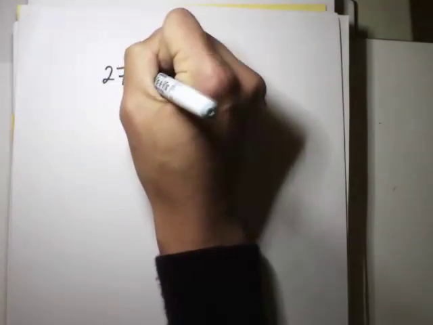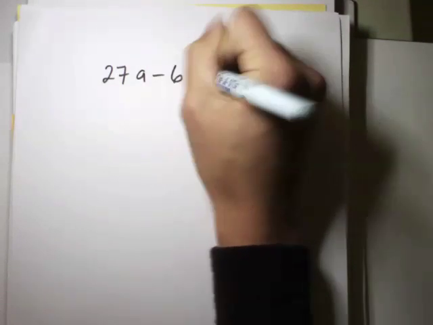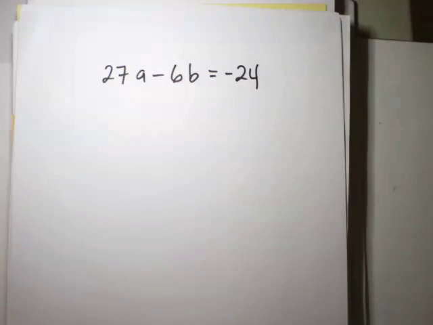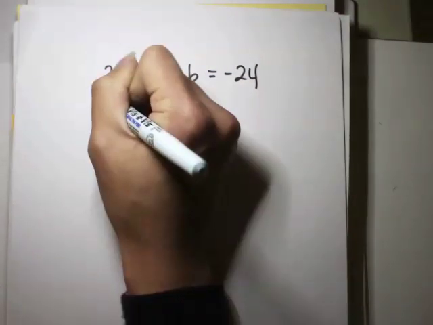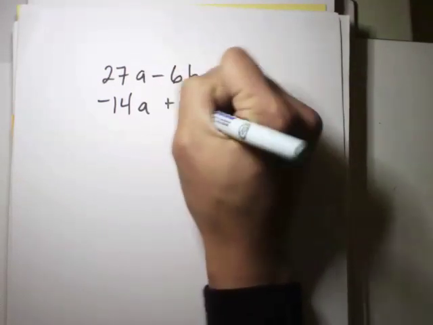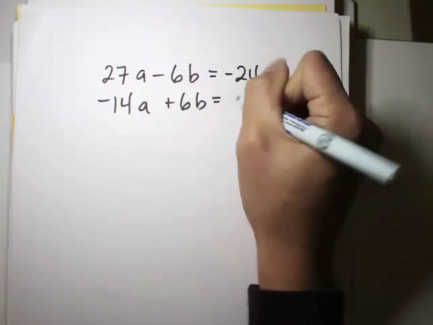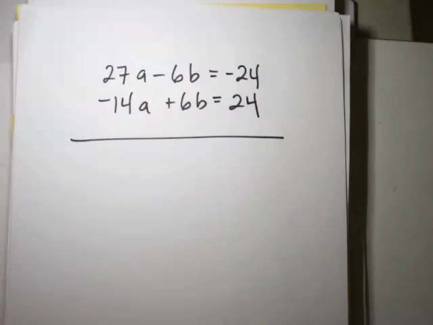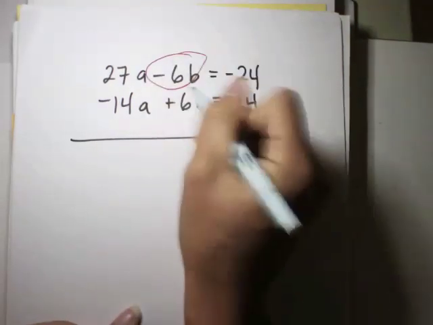So we had 27a minus 6b equals negative 24. We also have negative 14a plus 6b equal to a positive 24. Lining this up, now it's really easy to spot our additive inverses.